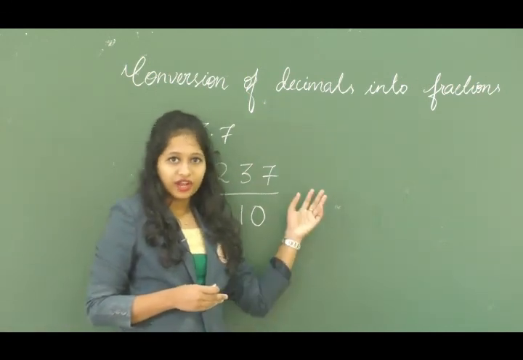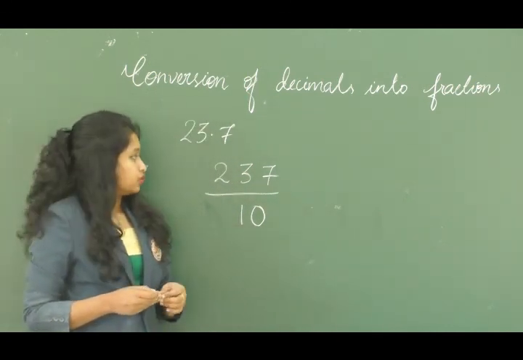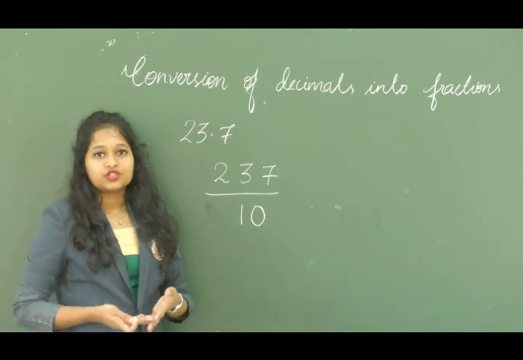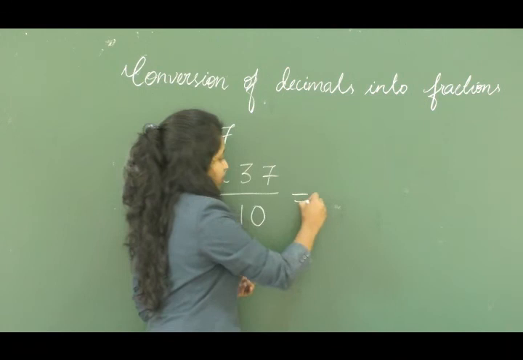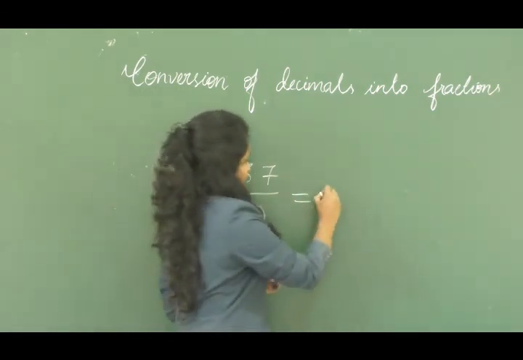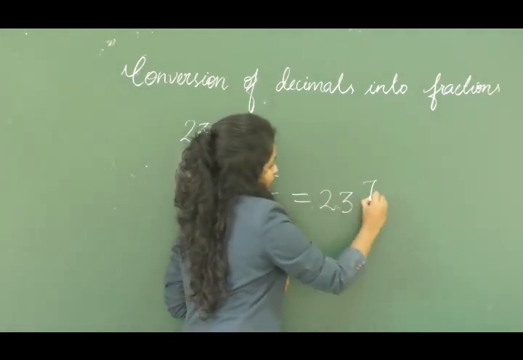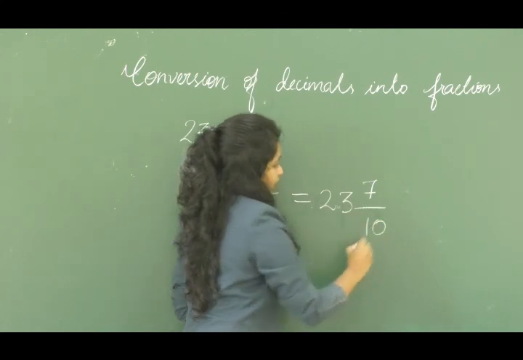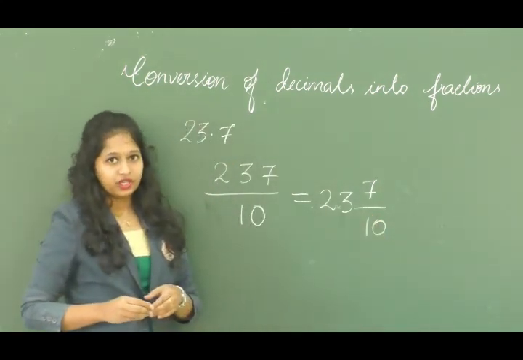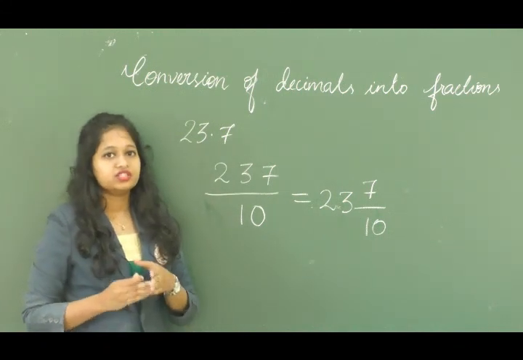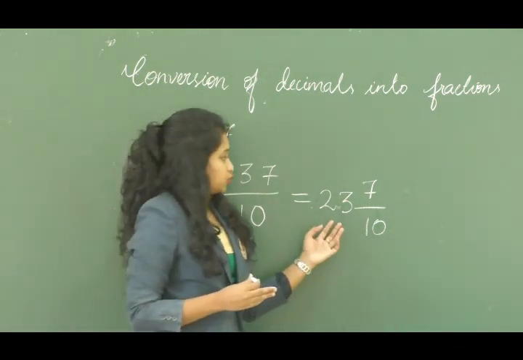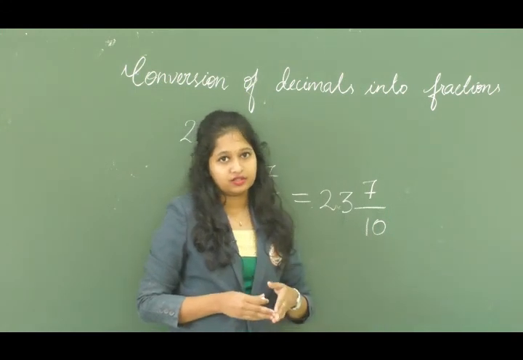This is a fraction. So let's convert this to a mixed fraction. So when you convert, we get 23 and 7 by 10. This is the mixed form. Okay. So 23.7 we can write in terms of fraction as 23 and 7 by 10.